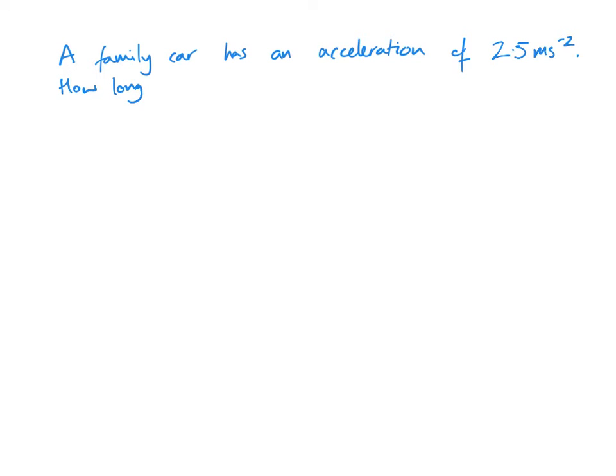It's 0 to 60 time. And once again reminding ourselves that 60 miles per hour is 27 meters per second. You're not expected to be able to convert miles per hour. Kilometers per hour, yes, but not miles per hour.